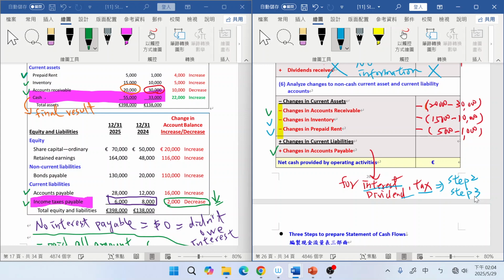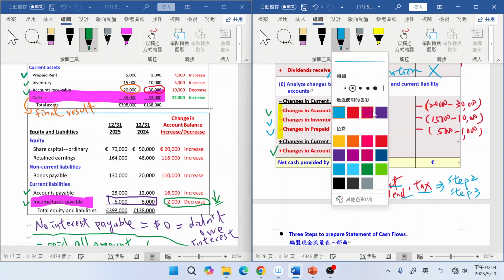Okay, so you don't need to take care about it again. So for any interest, any tax, any dividends, you don't need to calculate it again, okay? So that's why we have only one left, accounts payable, okay?